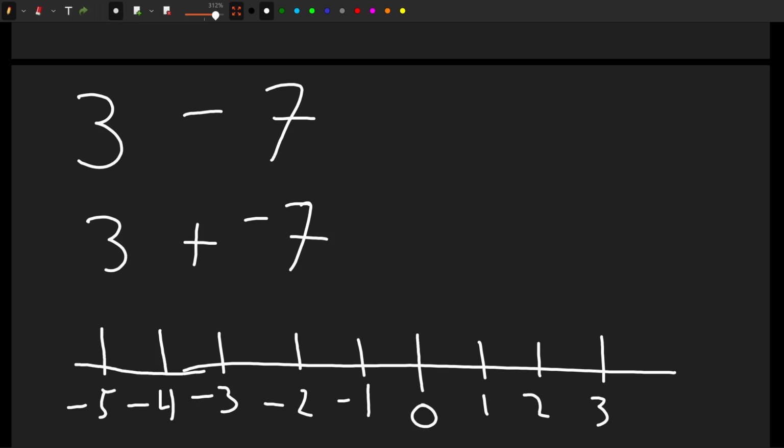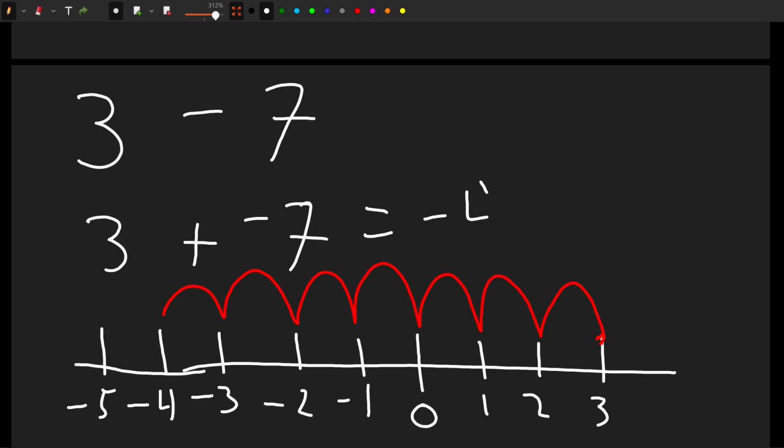If we use our number line now, we count out to 3, so we go, here's 3, and then we go back 7. We go 1, 2, 3, 4, 5, 6, 7. We now see that 3 plus negative 7 is now negative 4.